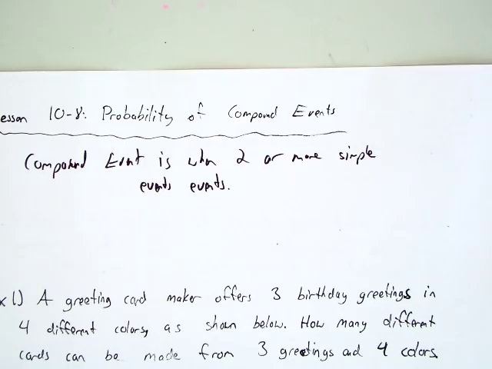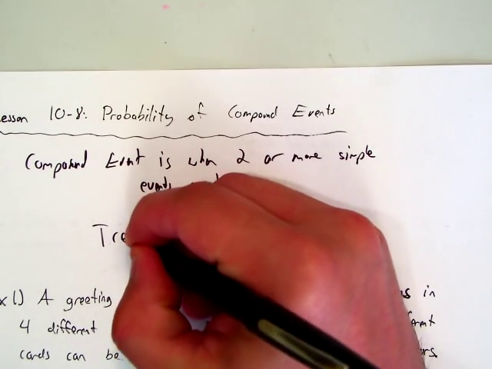There are some ways that we can actually look at how many different types of outcomes we could have, and then what the probability of actually getting that favorable outcome that we're looking for. One of them is called a tree diagram.